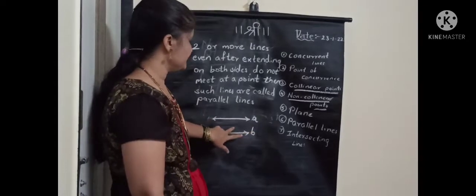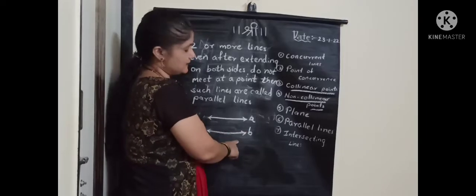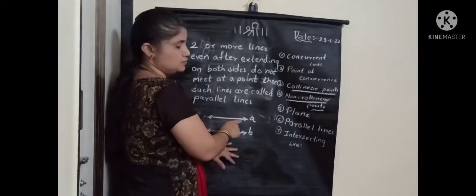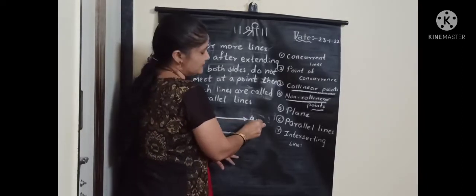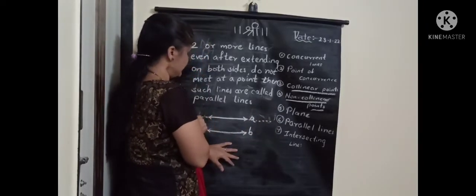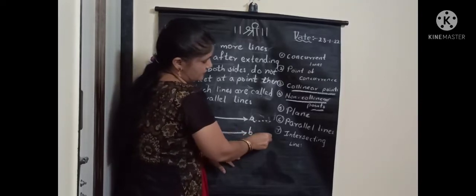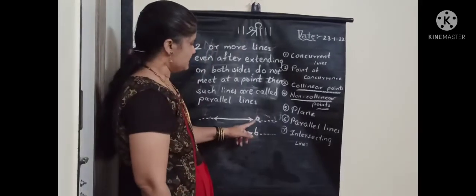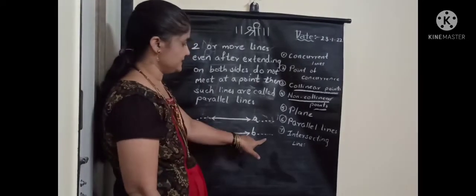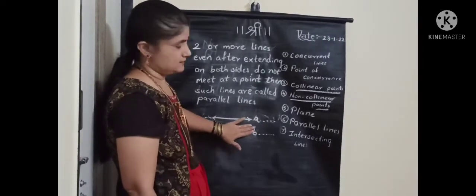Here I am showing you a figure of two lines, line A and line B. These arrowheads at two ends show that the line can be extended infinitely in both directions. Now what is meant by parallel lines?